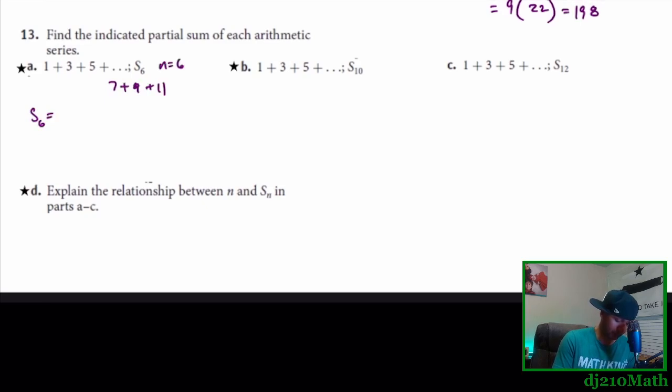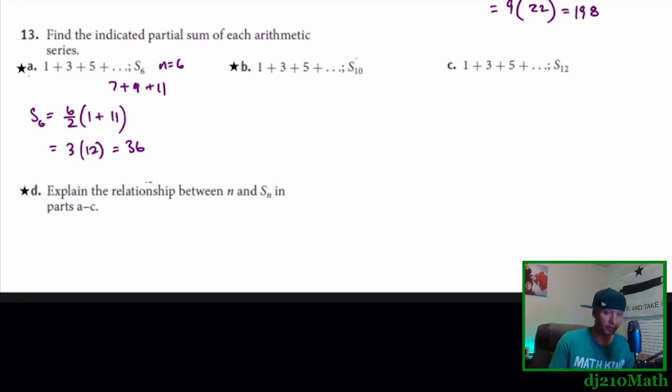So this is going to be 6 divided by 2, times the first term plus the 6th term, which is 11. So it's 6 divided by 2 is 3. 11 plus 1 is 12. So 12 times 3, 36.